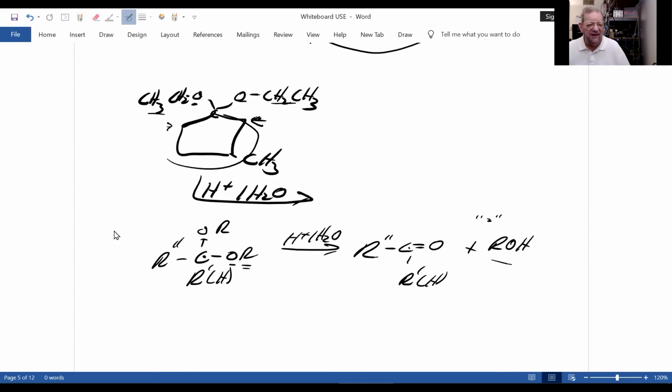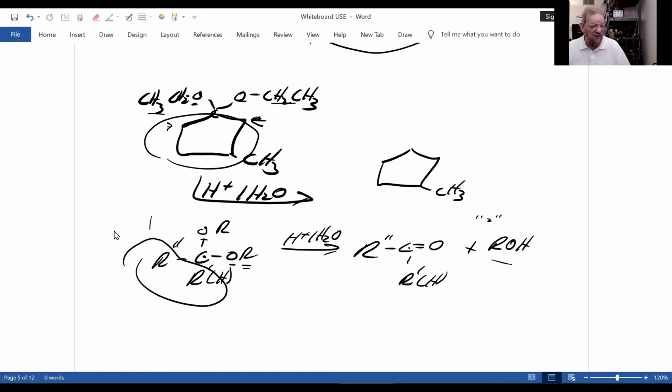And for those who must, you can put a 2 there. Well, the ring is both R and R prime and R double prime. What's attached to it comes along because you know you don't break carbon-carbon single bonds. And the carbon that had the two oxygens, this carbon in the ring, is now this carbon double bond to oxygen. And then here's my R group.